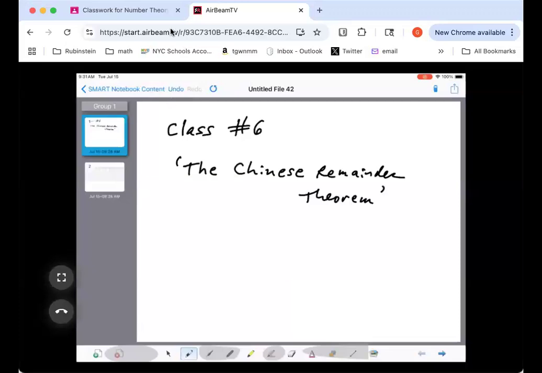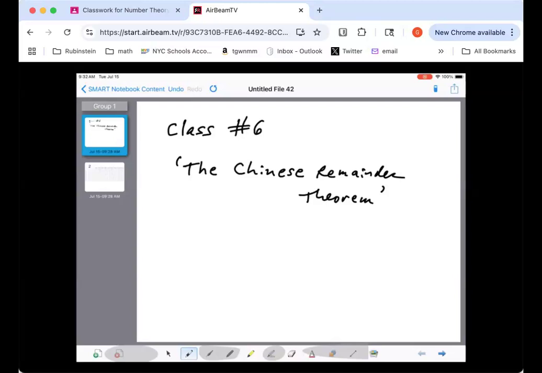Okay, everybody. Good to see you. Now, today, now that we've gotten a lot of the fundamentals down about definitions and what sorts of questions you can answer about integers, we start getting into some of the applications of these things.